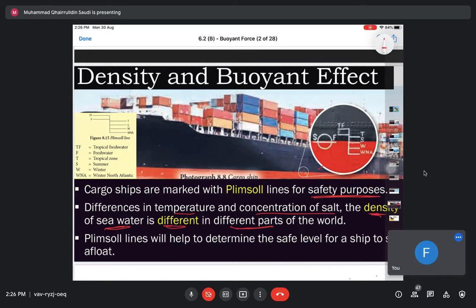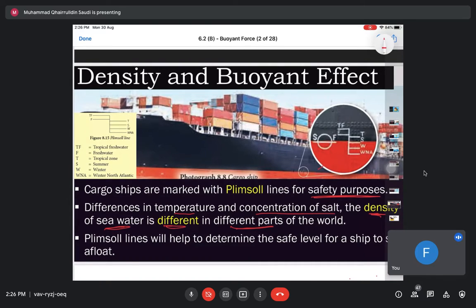But if the cargo ship goes anywhere near Europe, let's say, where the density of seawater is lower, then the cargo ship will sink deeper daripada dekat lautan Malaysia. Because the density of the seawater is different. So these Plimsoll lines are used for safety purposes.